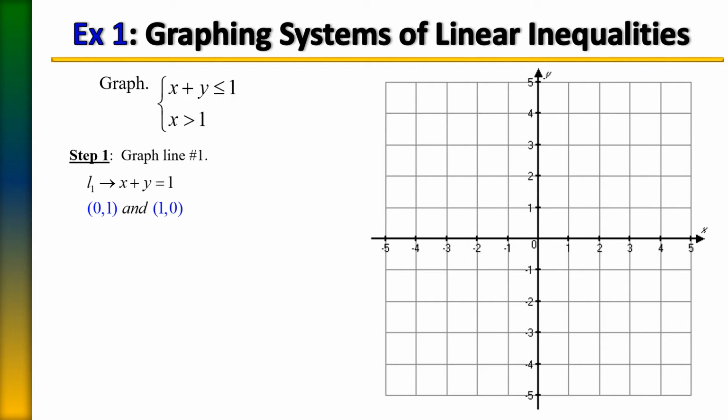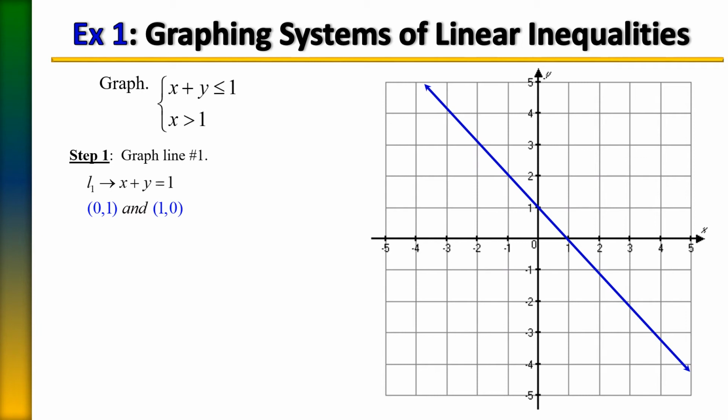So the first point is 0 and up 1. The other one is over 1 and stay at 0. And yes, we're going to go ahead and sketch a solid line because notice you have less than or equal to for line 1. Now, before we move on to line 2, we want to determine for line 1 which region we would shade.